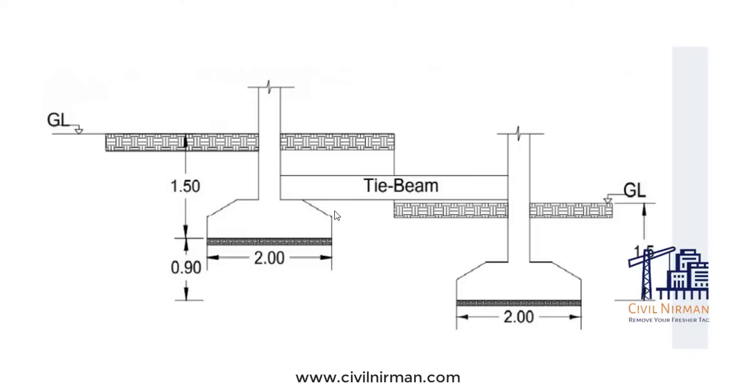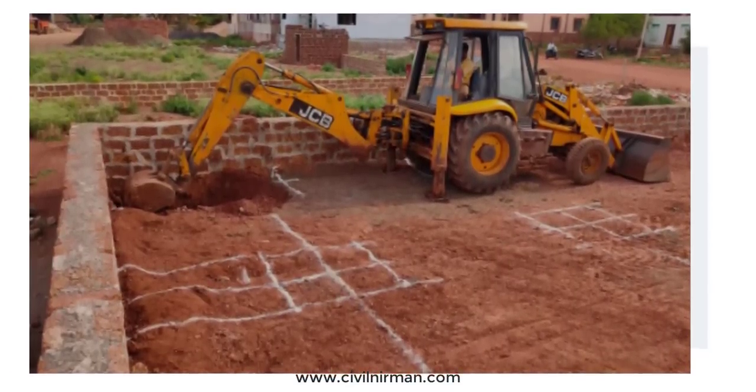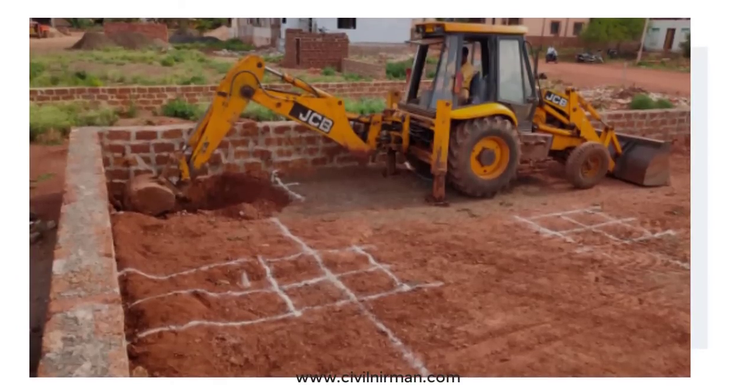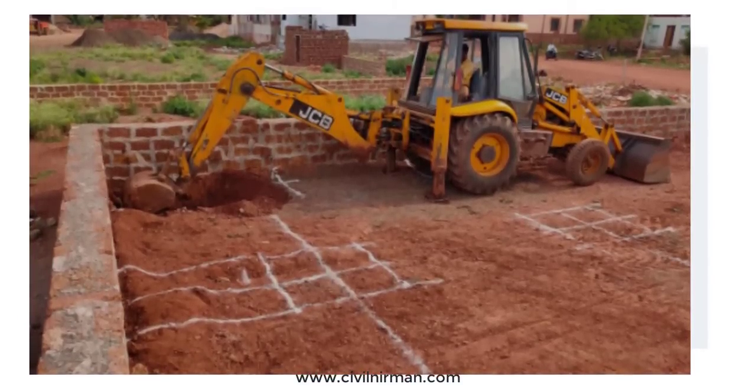So just for your information, in the foundation drawing, the excavation line refers to a specific line or boundary that indicates the extent and shape of the excavation that needs to be carried out to prepare the site for the foundation construction.